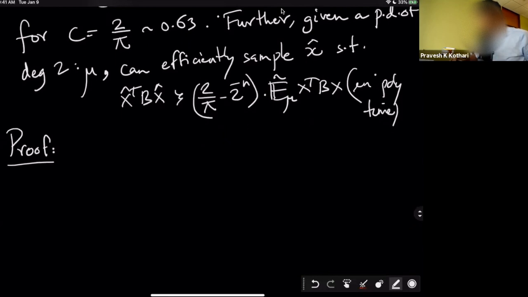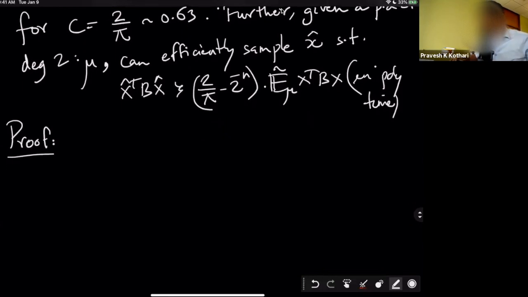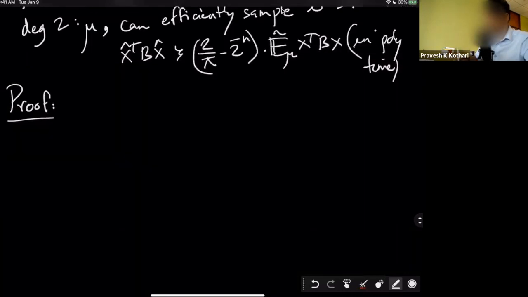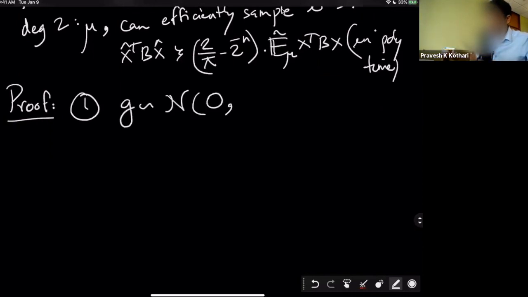So our rounding for proving this theorem is going to be exactly the same as last time. We are just going to do Gaussian rounding, we'll just analyze it more cleverly. So what's our rounding? Recall, we're going to choose a Gaussian which has the same first and second moments of the pseudo distribution, and recall that we can assume that the mean of the distribution is 0 by symmetrization, just like last time.